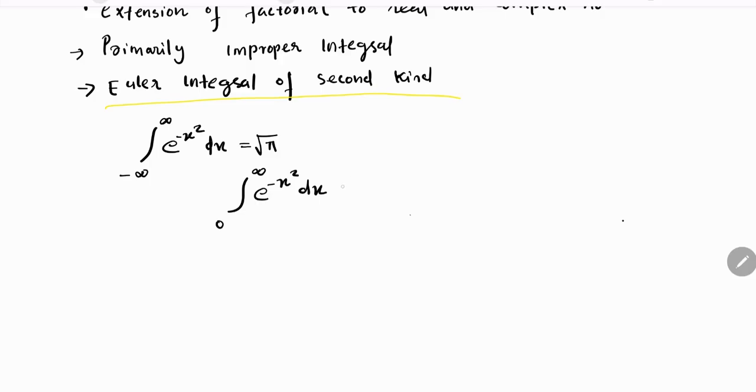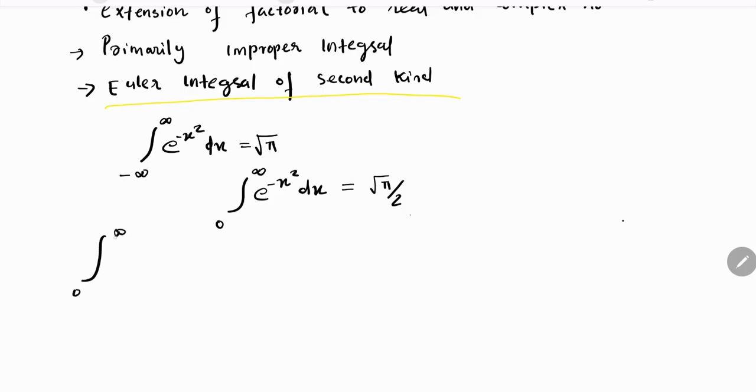Then the value is half of the output, that is root pi by 2.